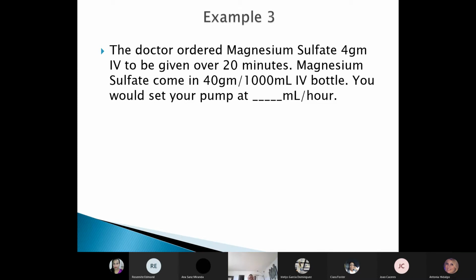Okay, let's do this problem. The doctor ordered magnesium sulfate to be given over 20 minutes. Magnesium sulfate comes in 40 per 1,000 milliliter bottle. How do you set up your problem?